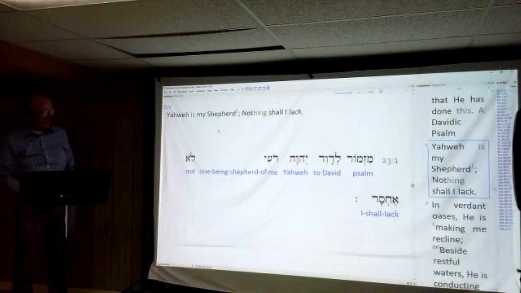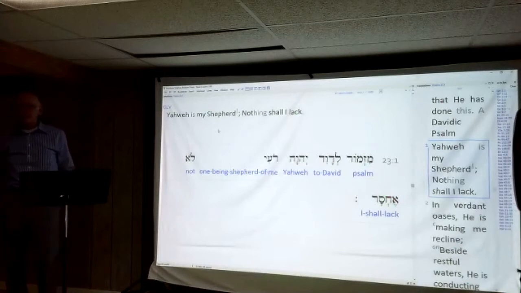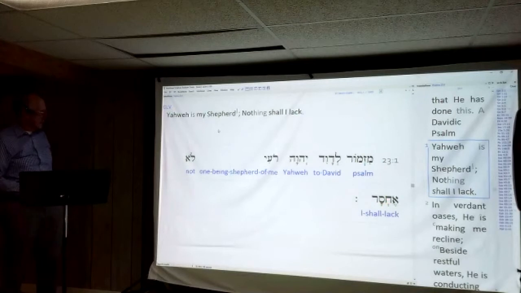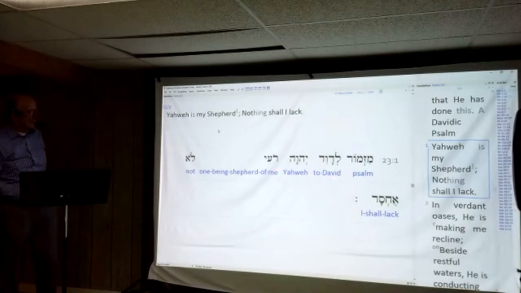If the aleph is part of the root word, then that's different. So if the aleph is not part of the root word and it begins the word, then that's a prefix and it means I shall. All right. So I shall lack. So if we're going to look, it would be Yahweh, my shepherd, no, I shall lack.